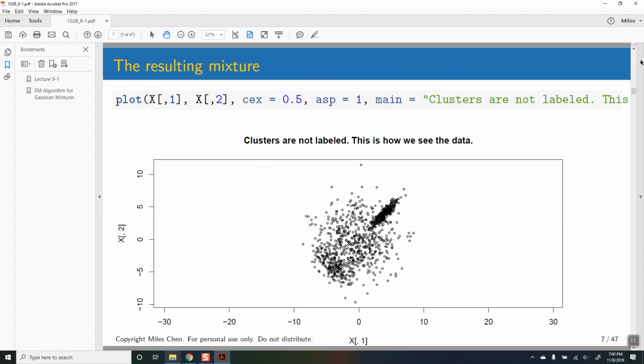And so when I plot all of this, this is what I get. The original data is probably something like this, centered at 0, 0, -4, -4, and 4, 4, but you don't know that.